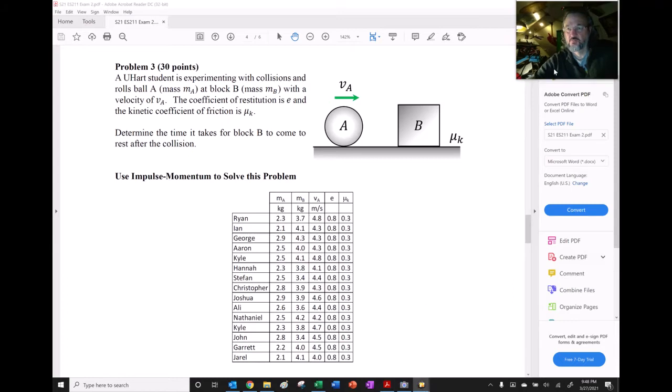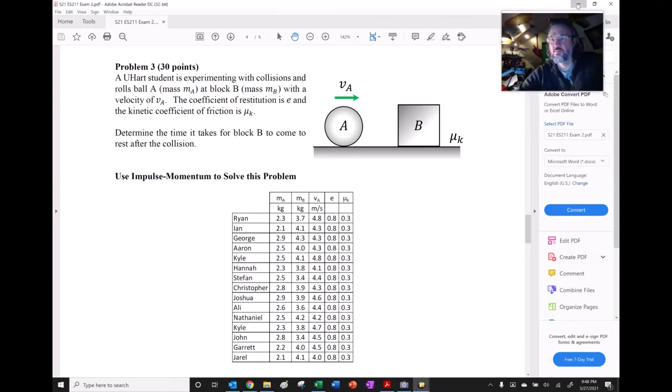Right, so let's move me a little bit so I can get to this right here. This is the scenario that we have.